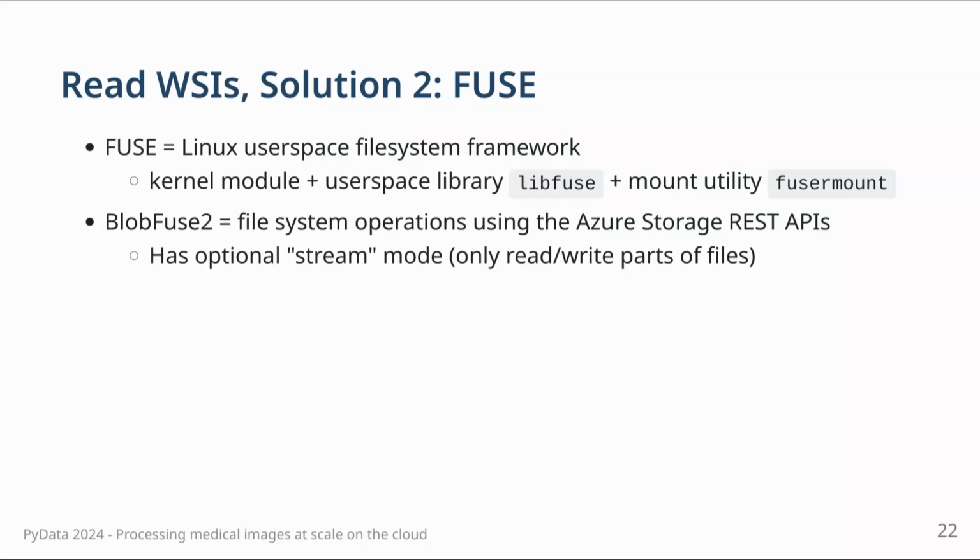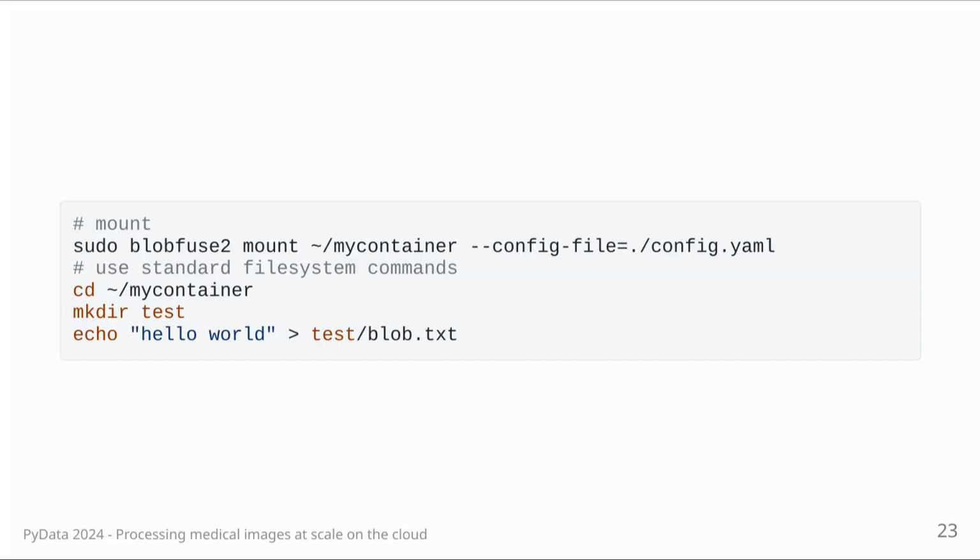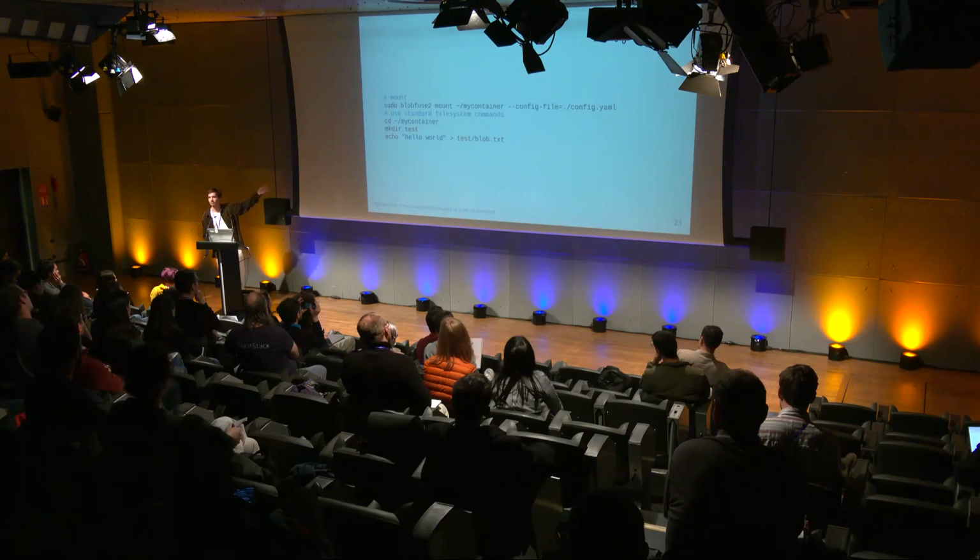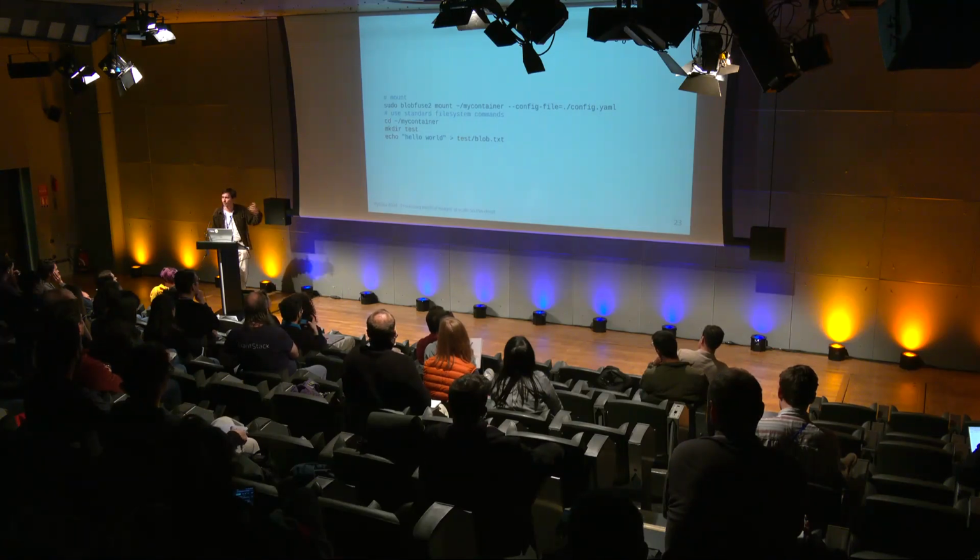But now with the stream mode, you only read the bytes in the cloud object that you need, which means that you only transfer so much. This is how it looks on Linux. You mount using the blobfuse2 commands, and then you can just use the standard file operations, like going to a folder, creating folders, and putting information, so it would do the read, the write, whatever you need.